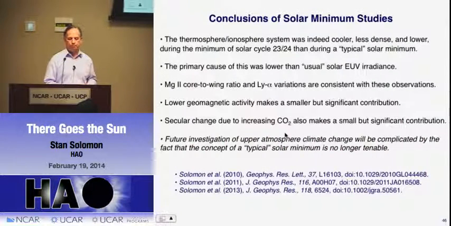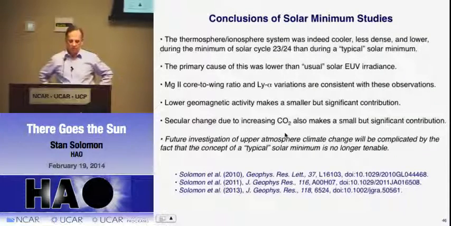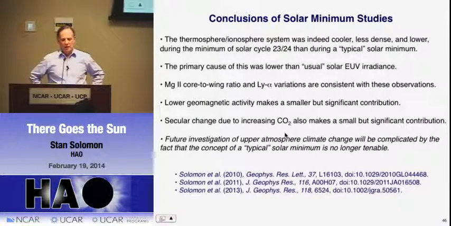So both the thermosphere and the ionosphere were cooler, less dense, lower during this recent solar minimum, the minimum between cycles 23 and 24, than during a typical solar minimum, and I use quotation marks around the word typical for a reason. We think the primary cause of this was the lower solar EUV irradiance; the magnesium 2 quarter-wing ratio and Lyman alpha are very consistent with this.